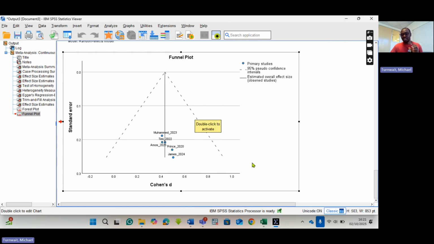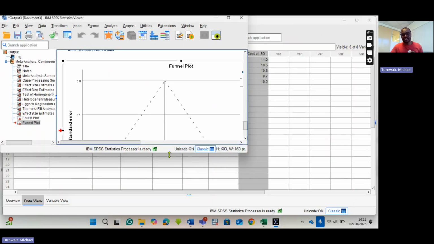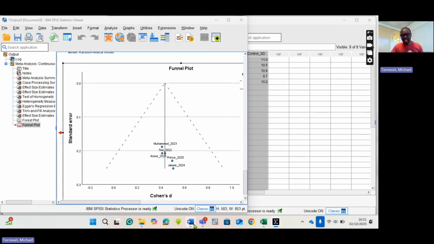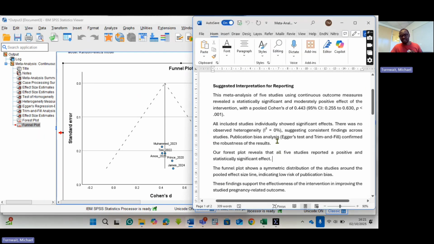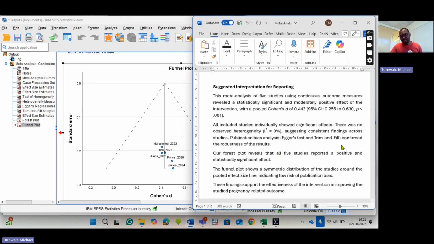Then, if you want to know how to report this, and you are confused, you may take this as a sample for stating the interpretation.